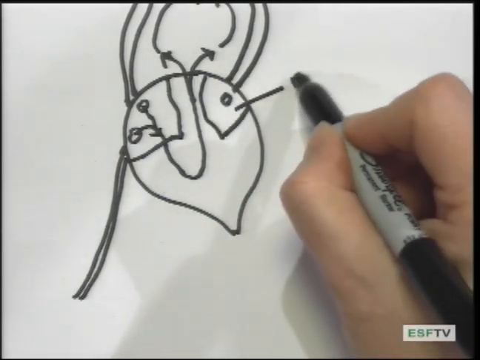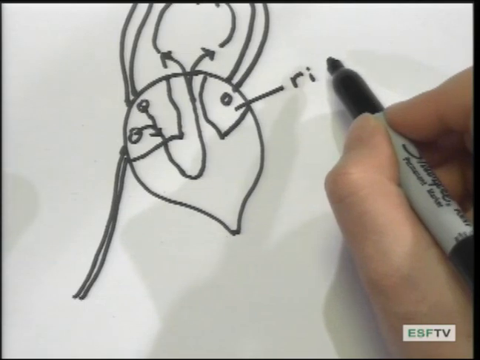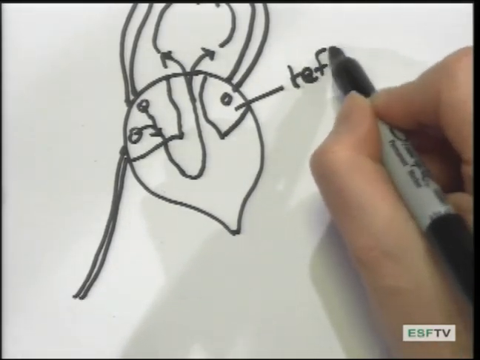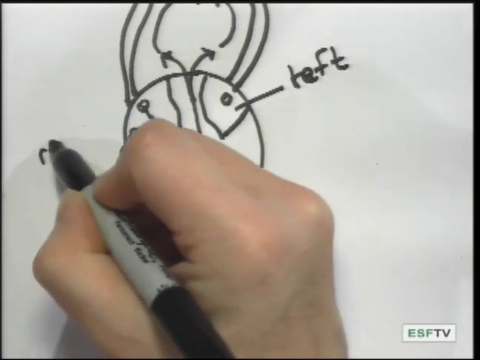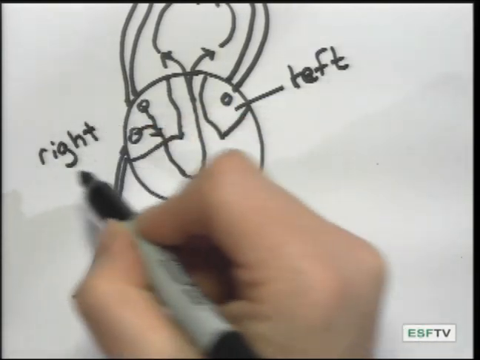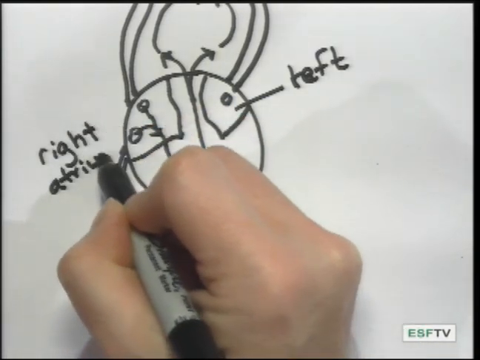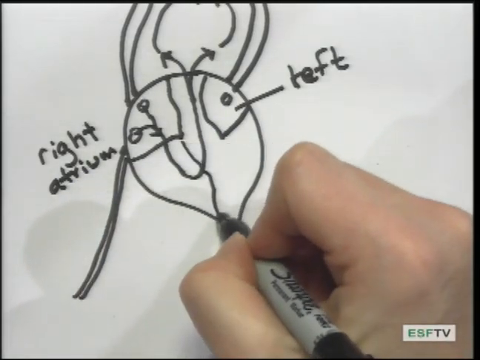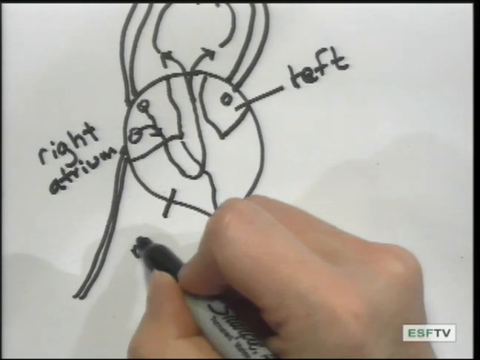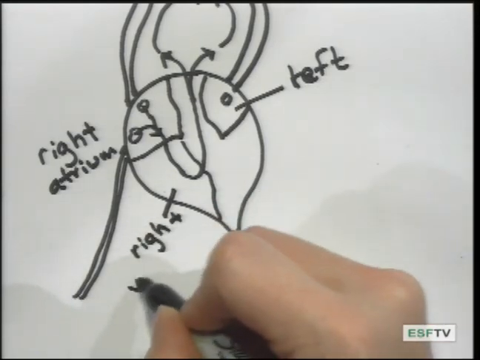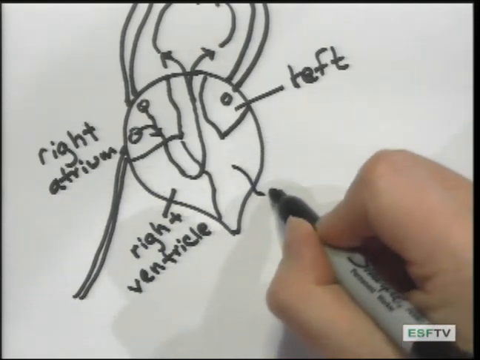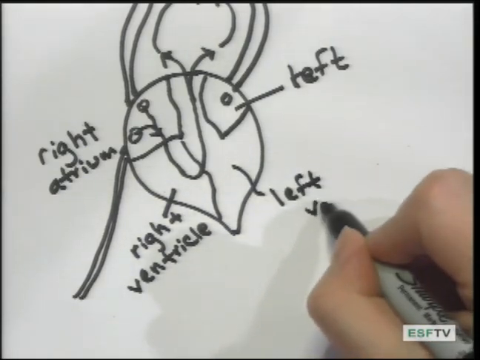So let's label this. Actually, this is the left atrium and this is the right. And here, this area will be your right ventricle and your left ventricle.